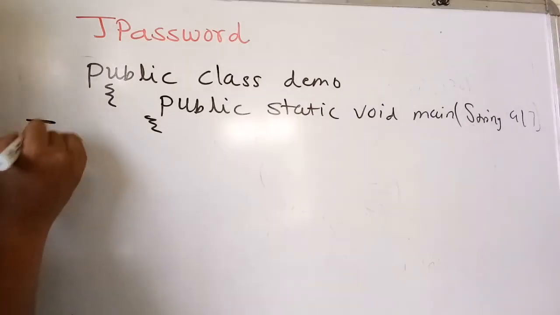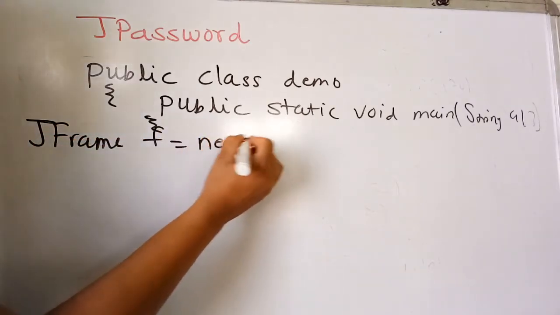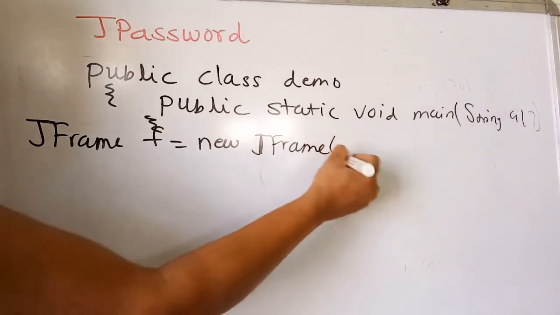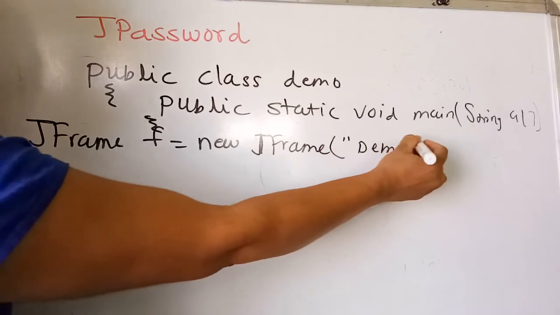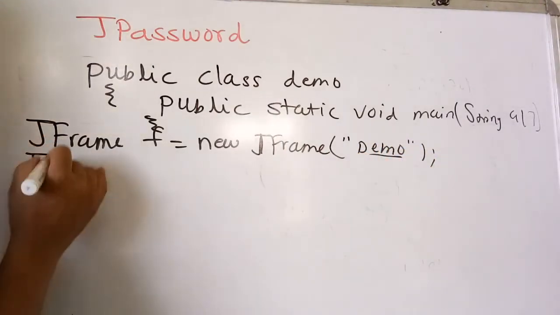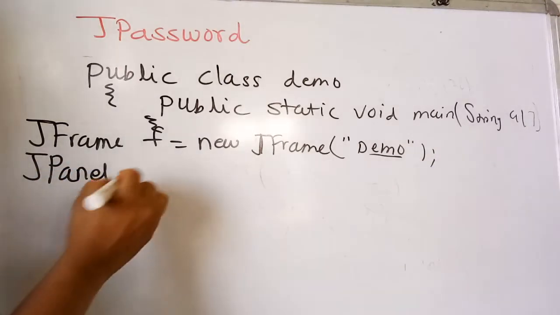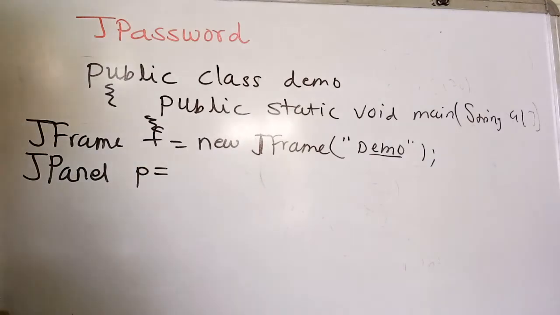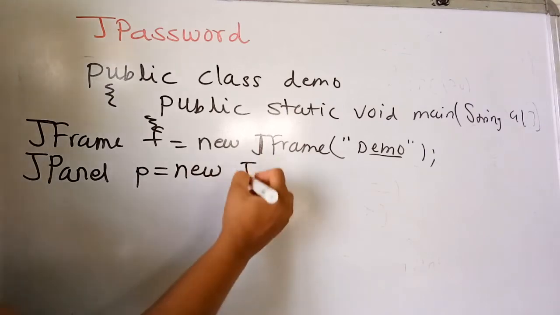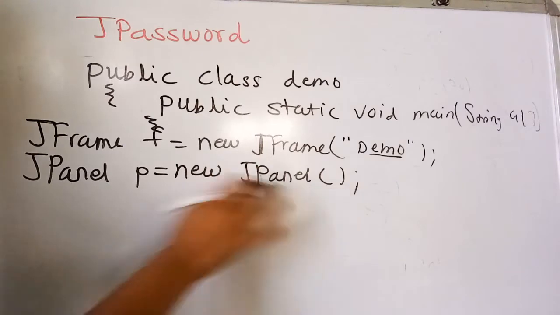So we will create one frame like JFrame type f equals new JFrame, and we will give a name to it, for example day. You can write a name of your choice here. We will take one panel. Panel is also one of the components of the AWT that gives us the facility to partition the frames into different panels. It has the plain constructor.